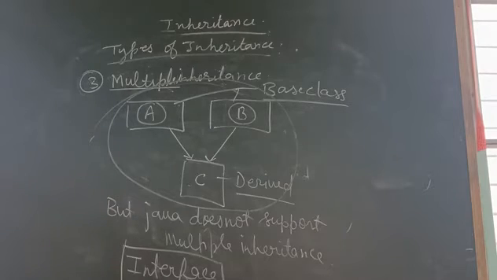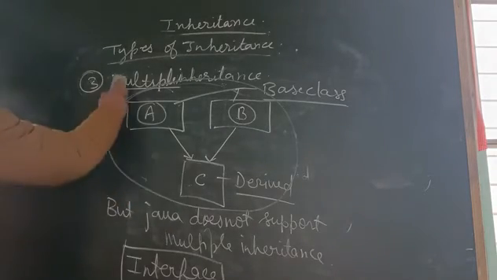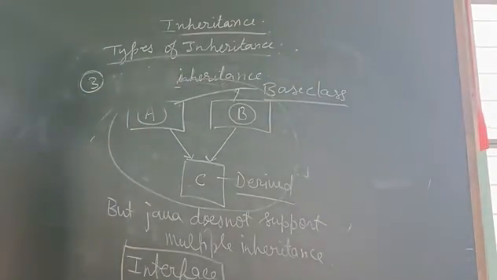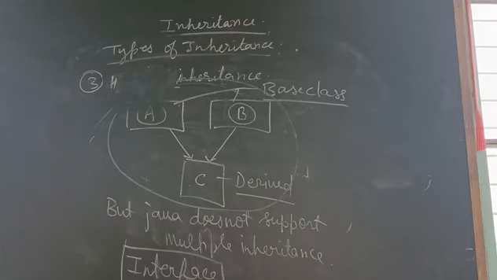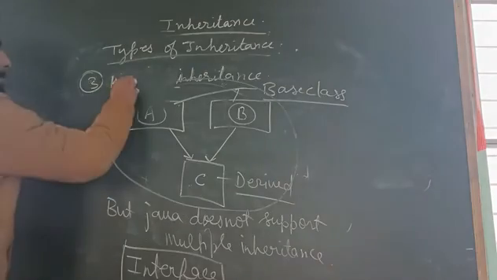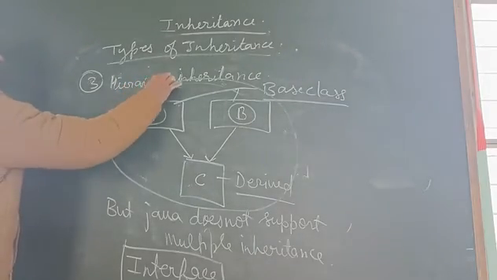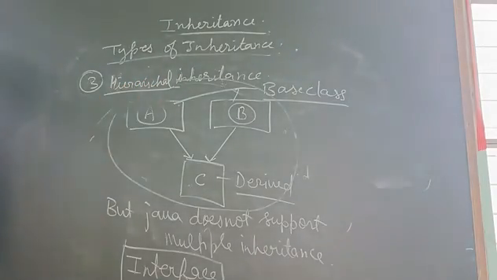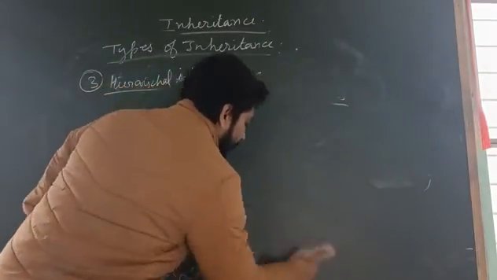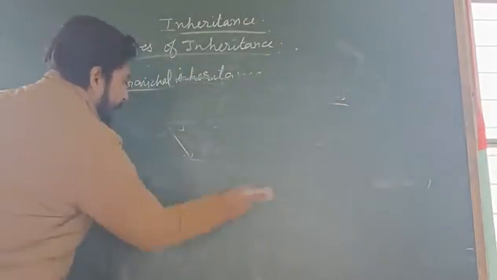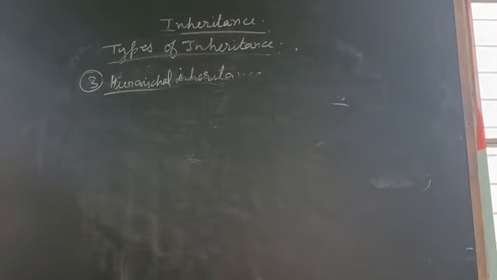What is hierarchical inheritance? Hierarchical inheritance is the opposite of multiple inheritance. In multiple inheritance we have two base classes and only one derived class.